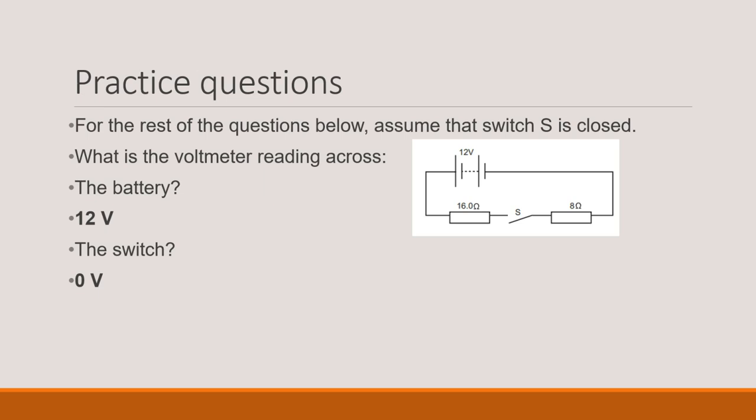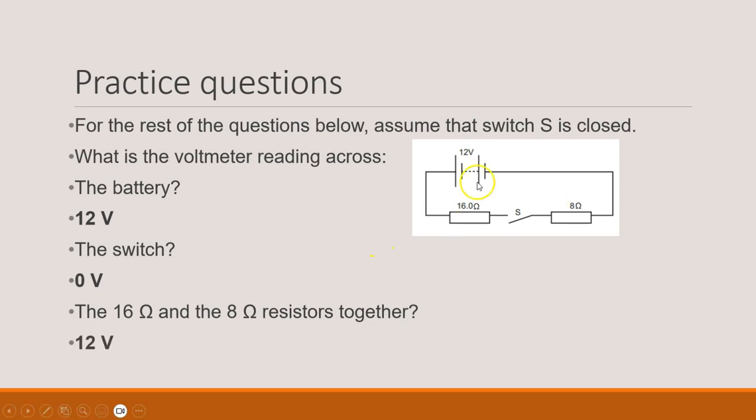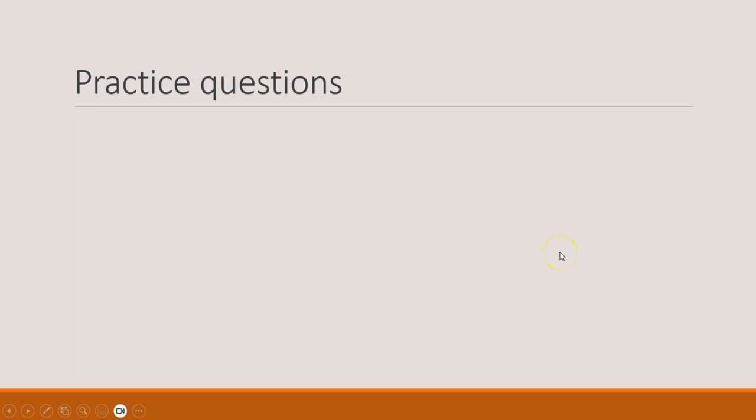But again, we ignore this effect. What will be the voltage reading across the 16 ohm and the 8 ohm resistors together if the switch is closed? Remember that the total voltage will be divided by the resistors and it will be used up in full among all the resistors. So it will read 12 volts across both of them.